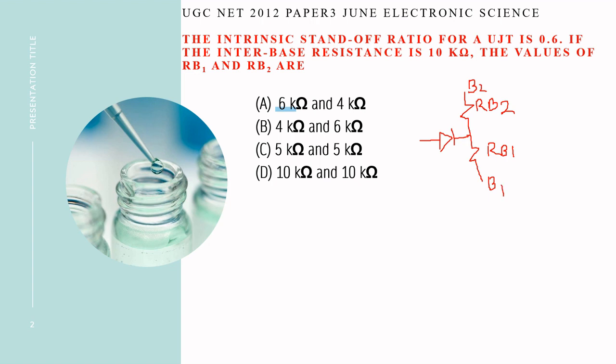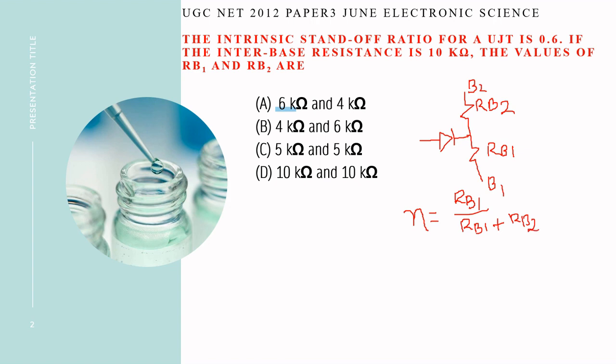Between the base 2 and base 1 terminals we get the inter-base resistance, and this value is given here, that is 10 kilo ohm. So what is the intrinsic standoff ratio? That is represented by eta, and that is equal to RB1 divided by RB1 plus RB2.